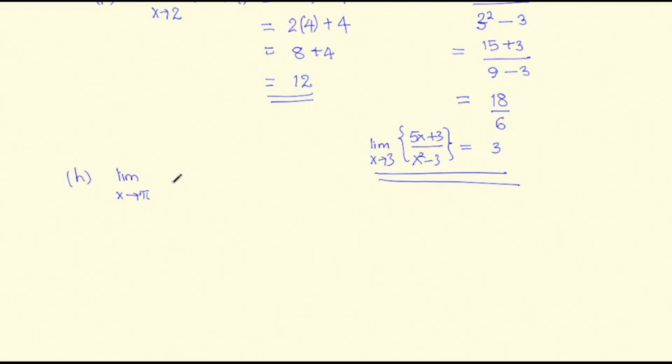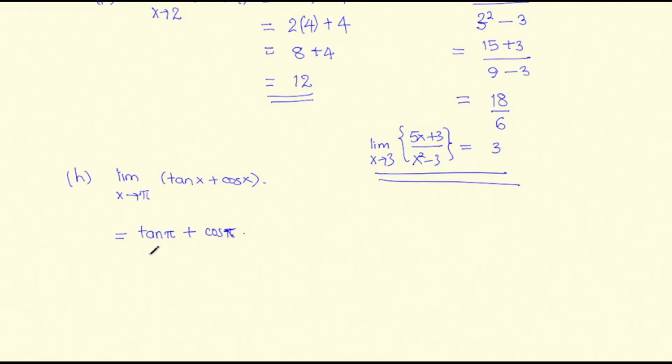Now the function is tangent of x plus cosine of x. So here as well, we will equate it to, whenever we get our x, we are replacing it with this pi. So we have here tangent of pi, then plus cosine of x. This is also pi.